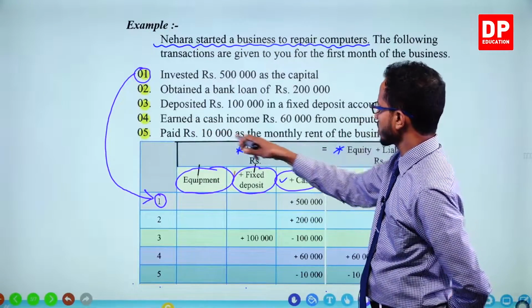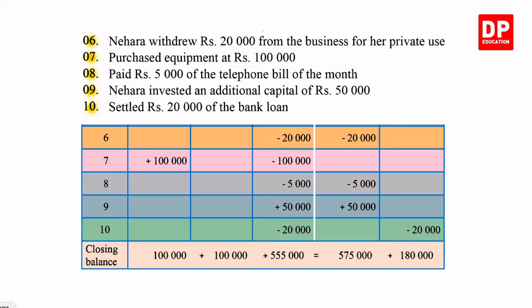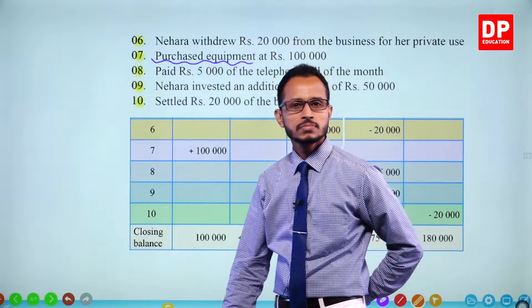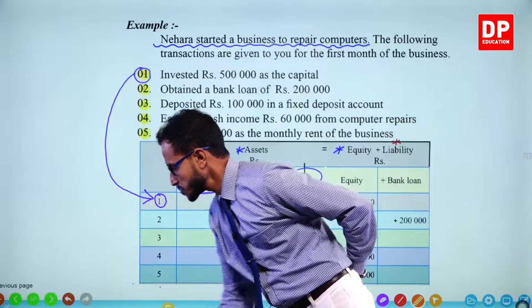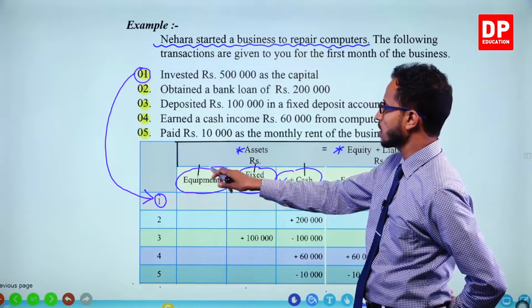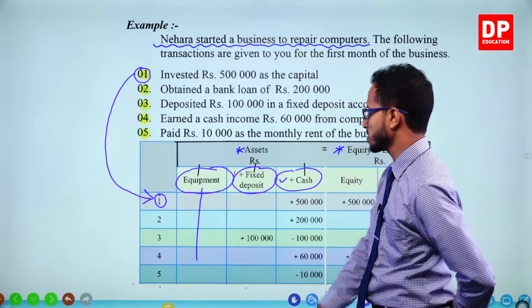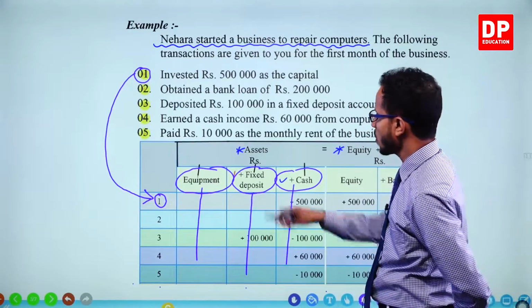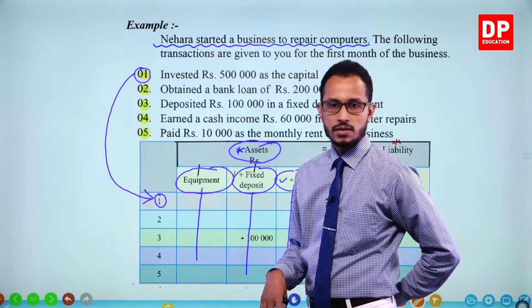Further down, purchased equipments. That is another asset. So you should have a column for that asset. The equipment, fixed deposit, cash columns, all under assets. You got it?